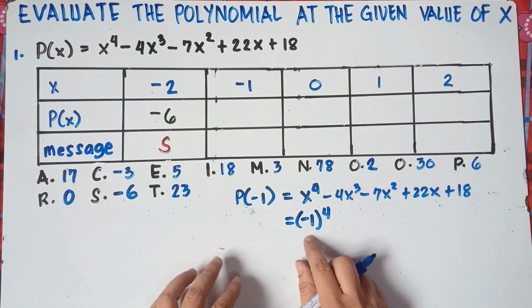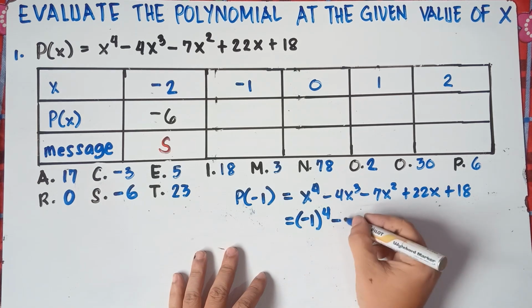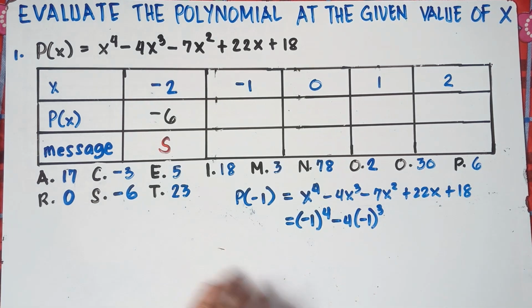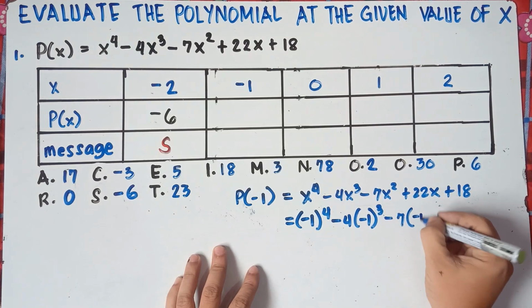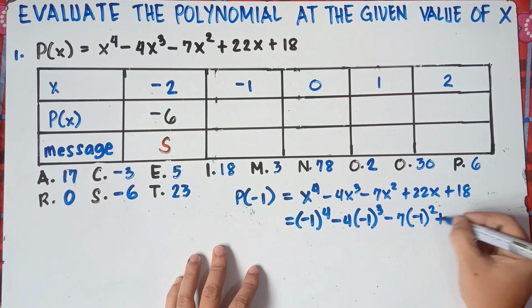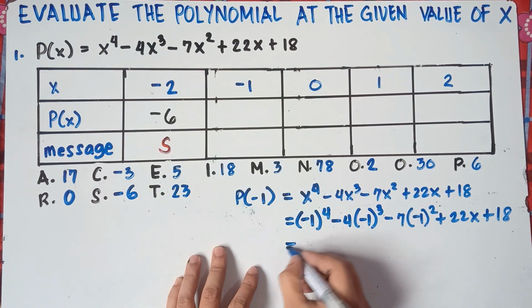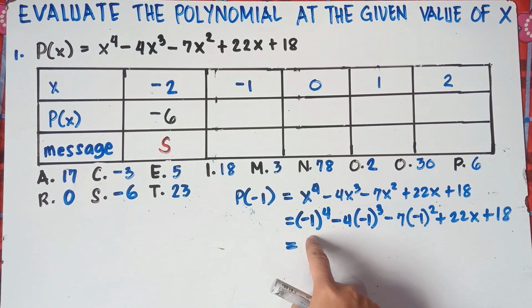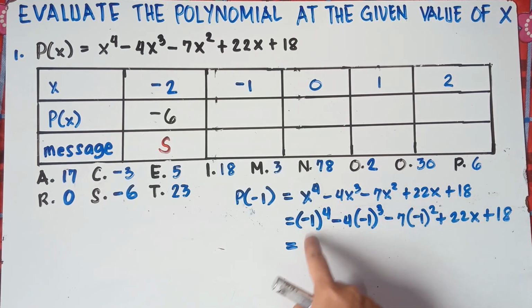Just simply substitute, class, the value of x, which is negative 1, minus 4 times negative 1 raised to the power of 3, minus 7 times x, which is negative 1, raised to the power of 2, plus 22x plus 18. Equals, so negative 1 raised to the power of 4 means you multiply this negative 1 by itself 4 times. Now, since this is raised to the power of an even number, your answer will be positive.